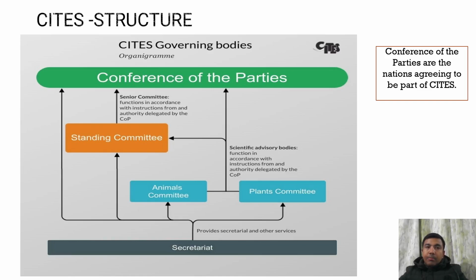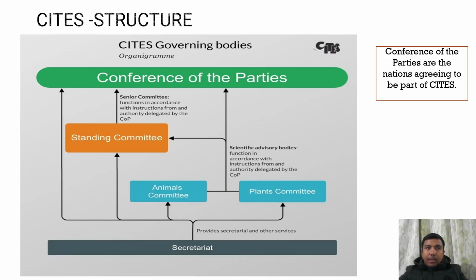So coming to the structure of CITES. In the secretariat of CITES there are some committees formed. There are the animal committee and the plant committee.